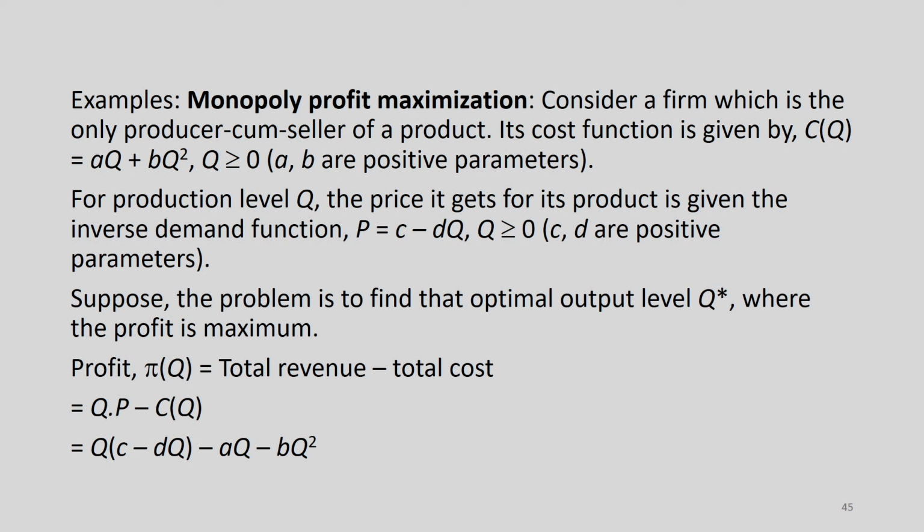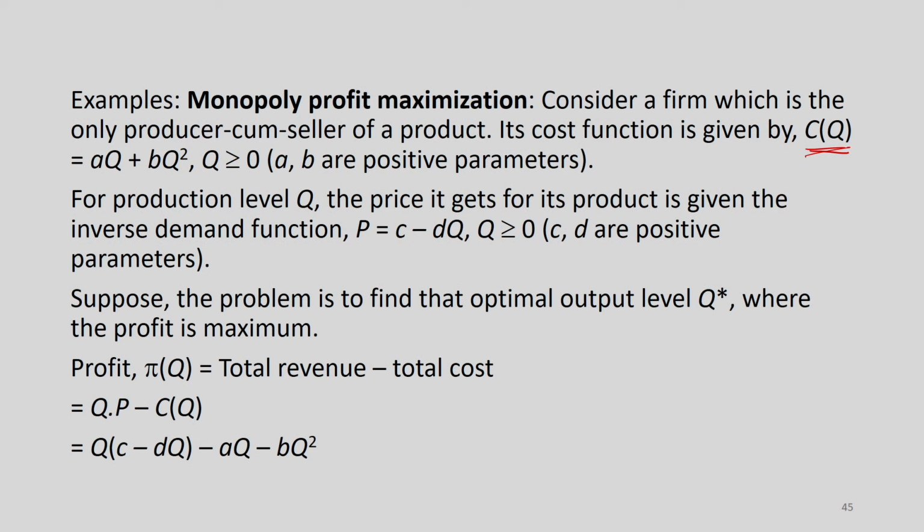Its cost function is given by C(Q). We have talked about cost function before, but here the form is given, it is equal to AQ plus BQ square if Q is greater than or equal to 0. Here A and B are positive parameters.